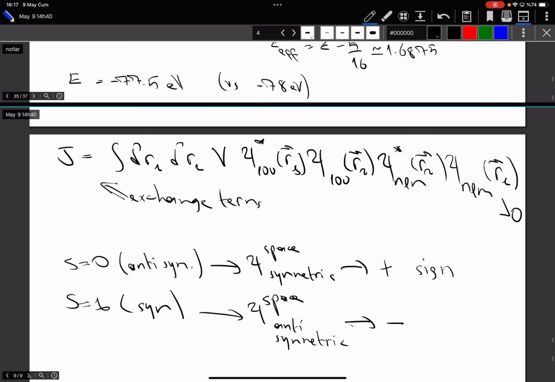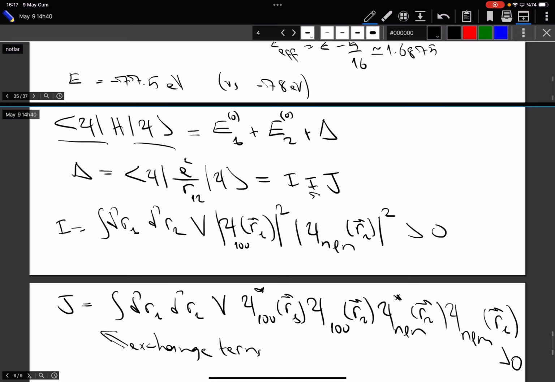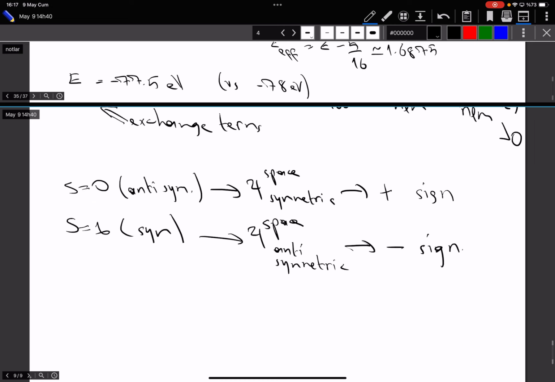That means I have to use the minus sign. But if I take the minus sign, since J is positive, it gives me a lower energy. If I choose the plus sign, it gives me a higher energy, which tells me that S equal to 0 has a higher energy and S equal to 1 has a lower energy.